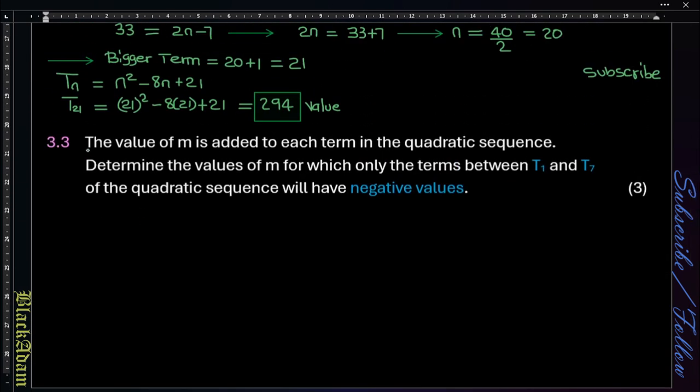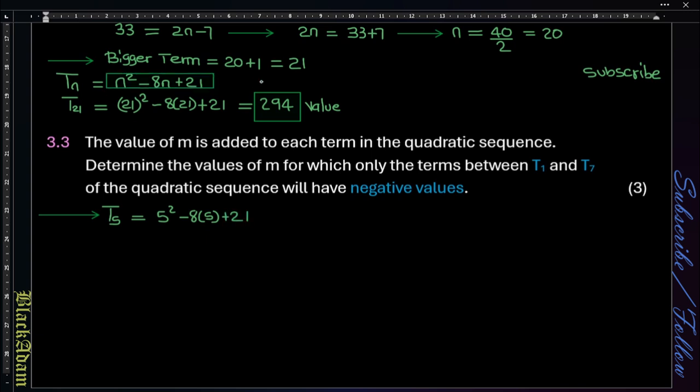So the bigger number is 294, and then the value of m added to the number giving it negative, between term 1 and 7. So we have term 5, which is 5 squared minus 8 multiplied by 5 plus 21.